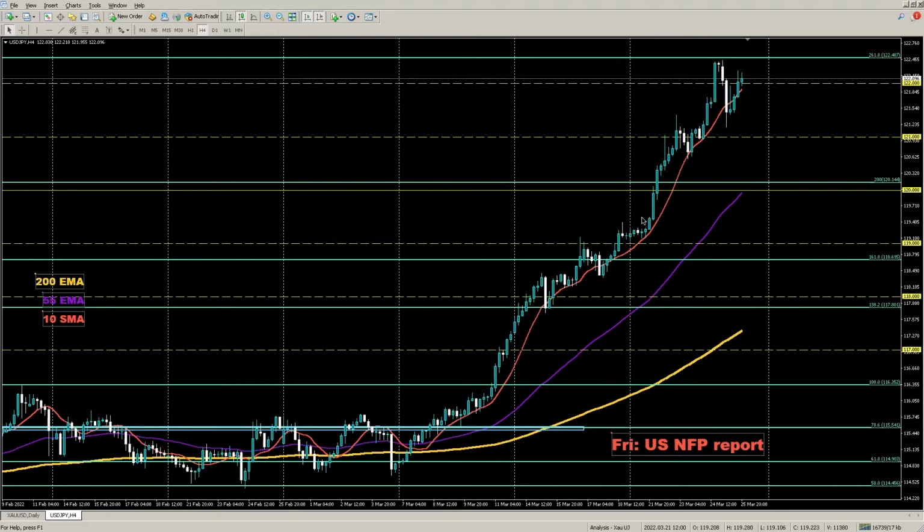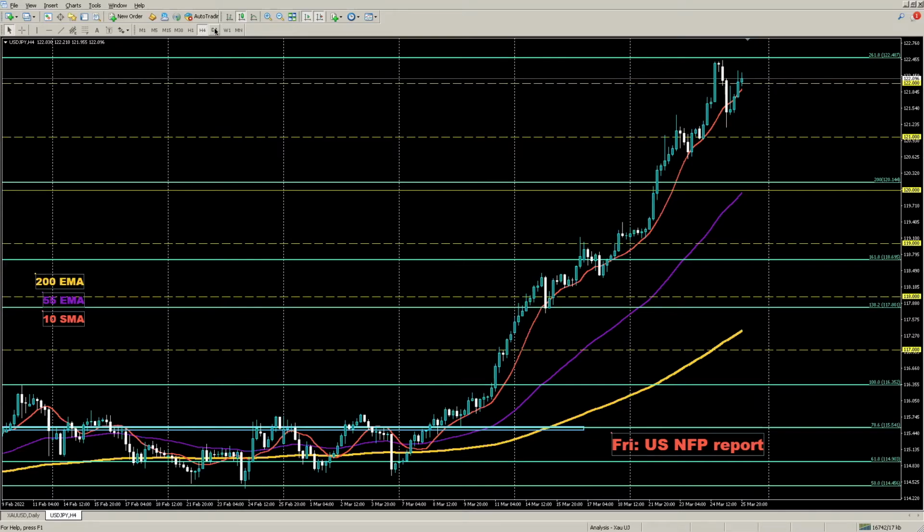And yes, there's a continuation move all the way, just slight pause on the Tuesday, continue higher. And yeah, looks like it's right from the start of Friday where it gave back, made a significant pullback here, but continued back up to close above the 122.